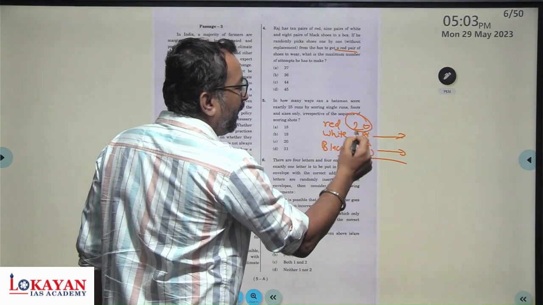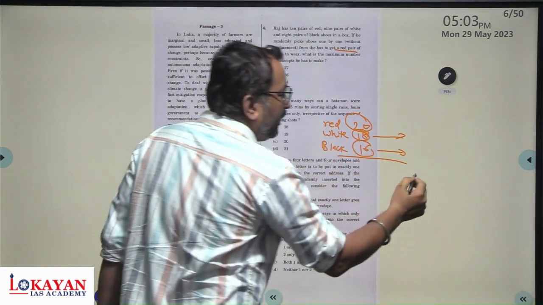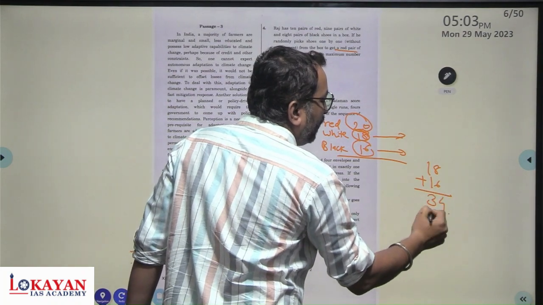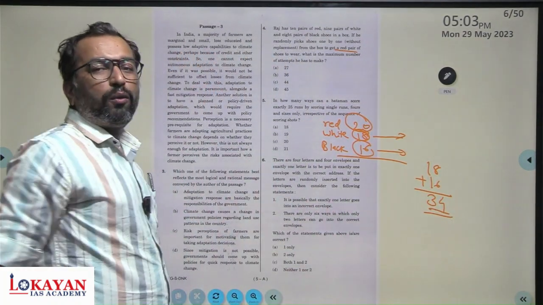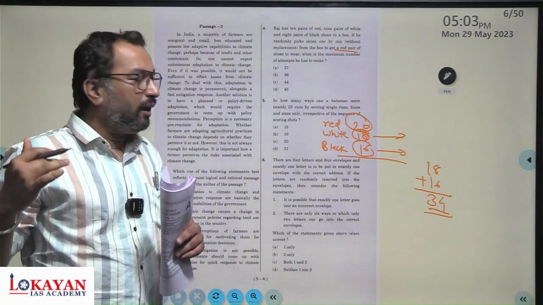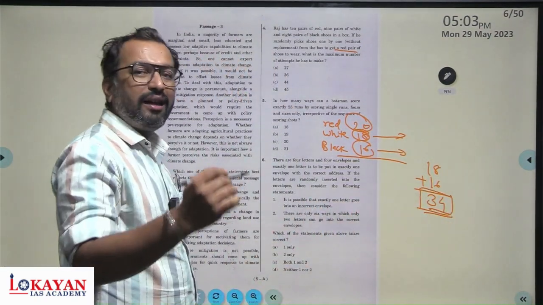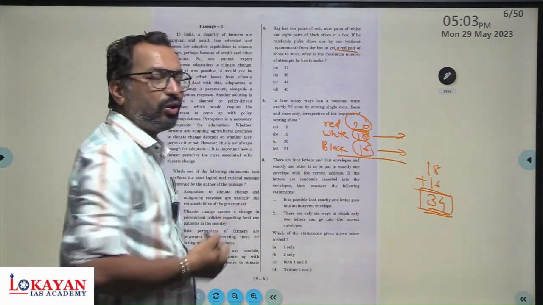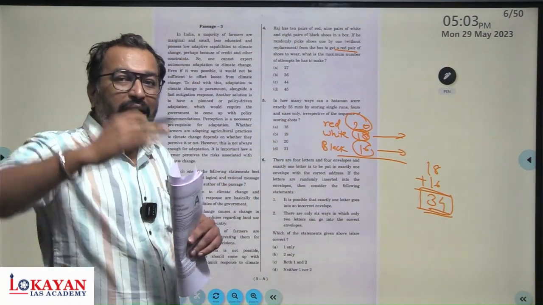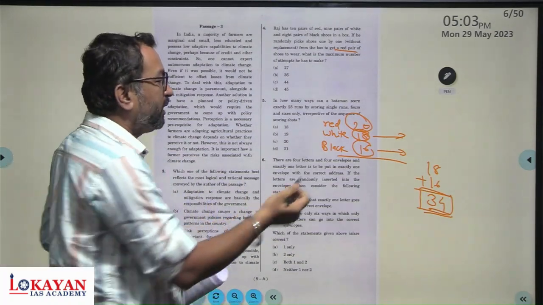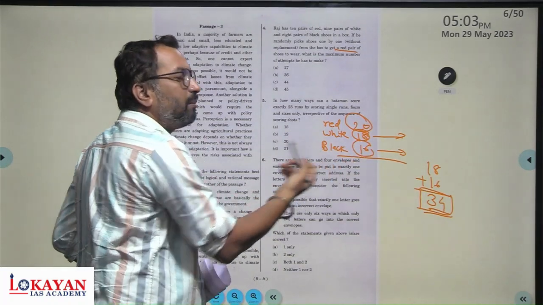First 16 and then 18. 18 plus 16 will be 34. So what will be the extreme condition? Extreme bad luck will be that he picks 34 shoes, yet he hasn't got a single red shoe. That will be the extreme case. He has picked 34 shoes because there are 18 white shoes and 16 black shoes.